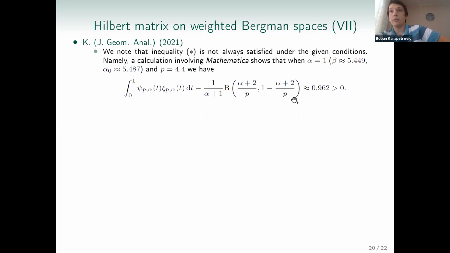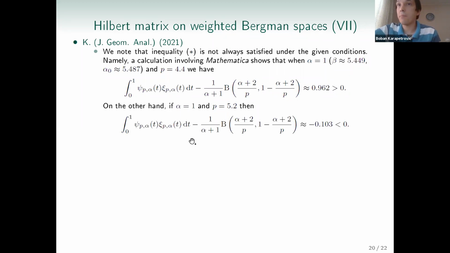So inequality star is not satisfied, but in some cases we can use the previous theorem. For example, if alpha again is equal to 1 and p is equal to 5.2, again p is between alpha plus 2 and beta, then the left side minus the right side is negative, so we can use that theorem.